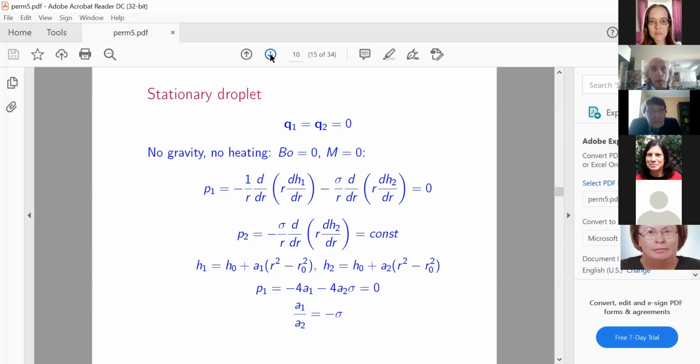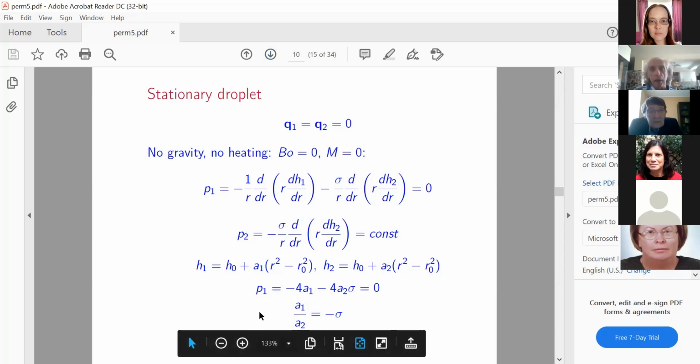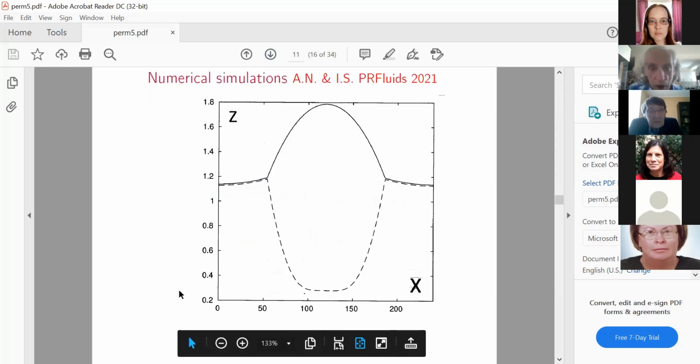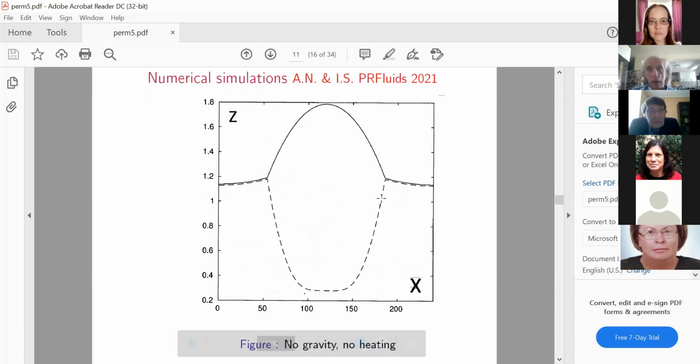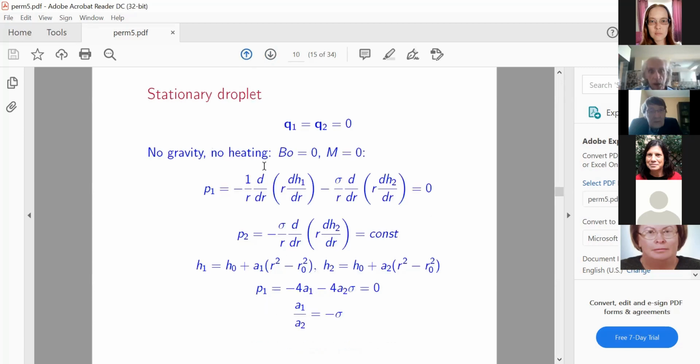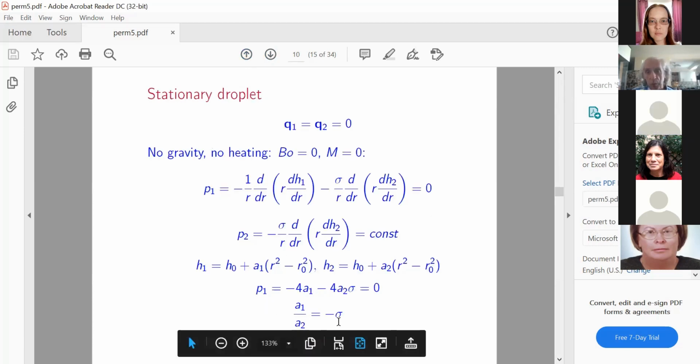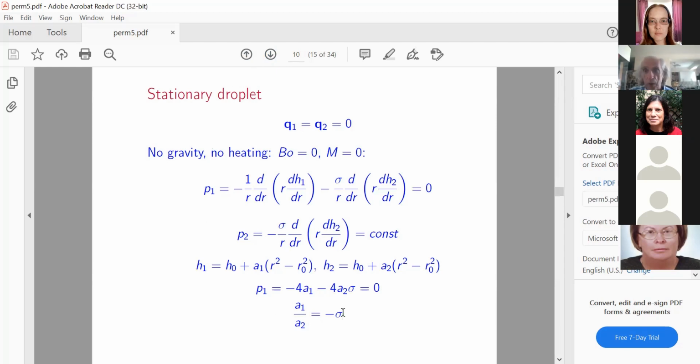And we can calculate the shape of this paraboloid and find the ratio between the angles. And this is what we see in numerics. This ratio is determined by the ratio of the surface tensions.